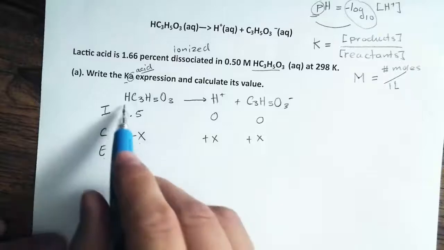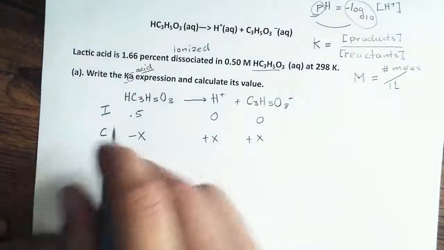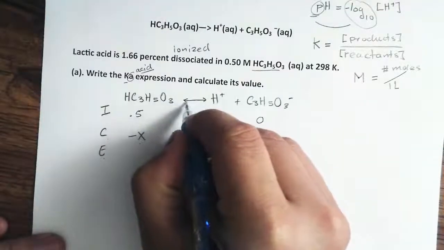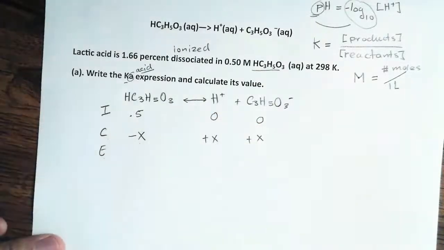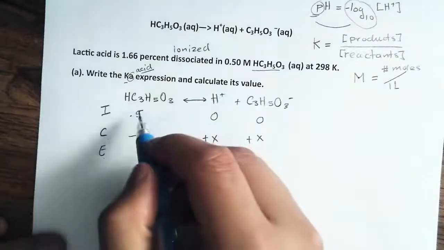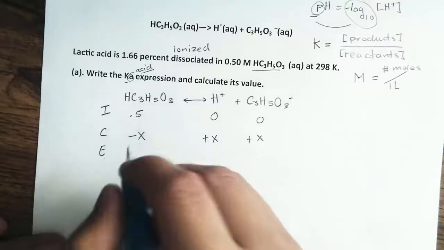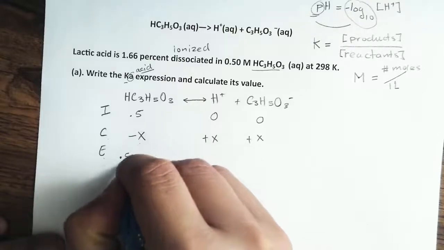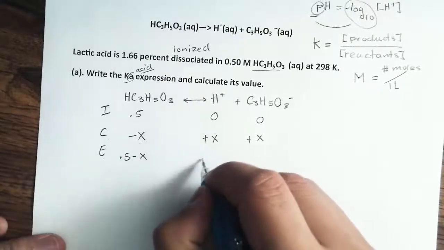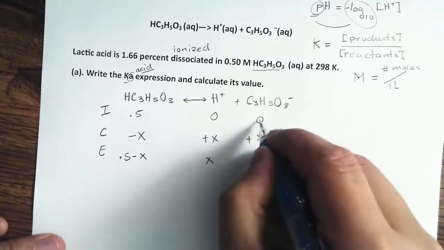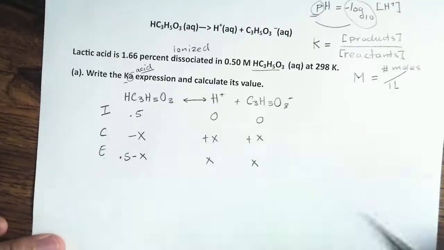That's why they are 1. Now let's look at the equilibrium. This reaction is actually reversible to some extent. Equilibrium is what happened to the initial over time. In this case, we take the initial plus the change. So 0 plus X gives us X, and 0 plus X just gives us X.